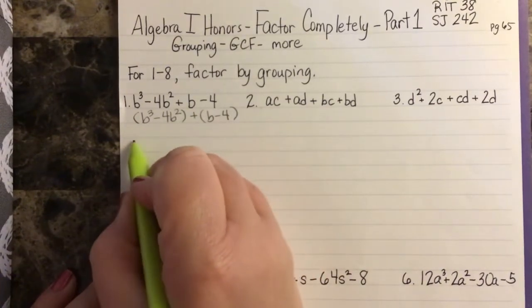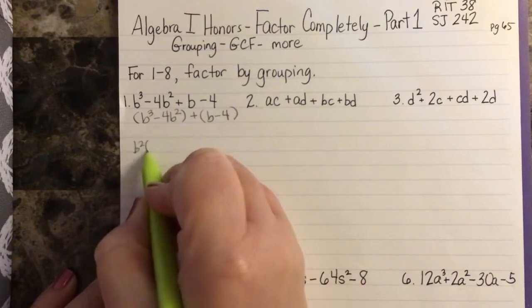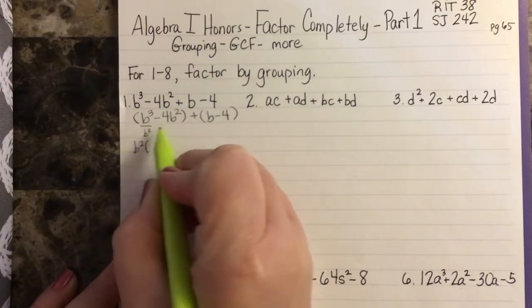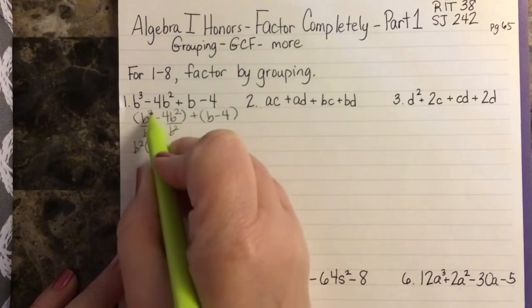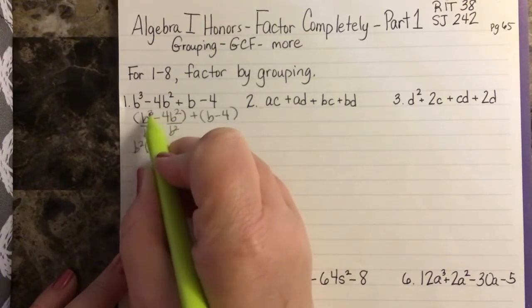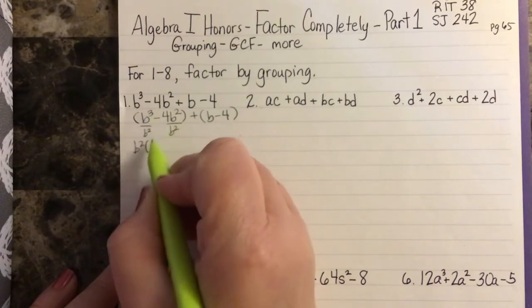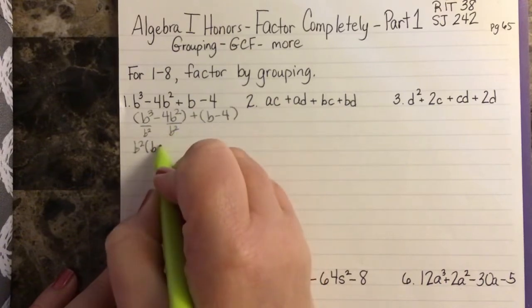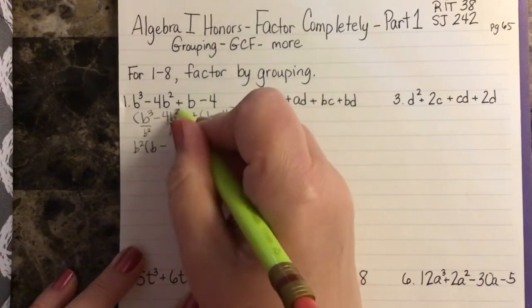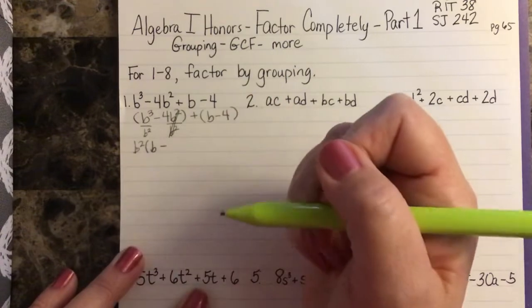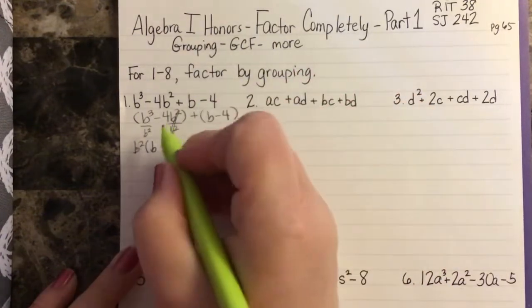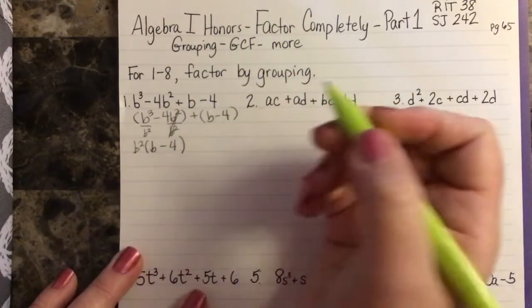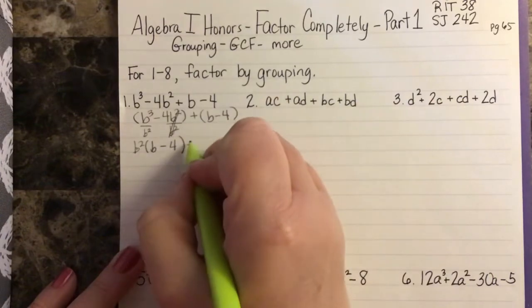It has b squared in common. Divide both of these by b squared. B cubed divided by b squared. Remember, subtract your exponents. 3 minus 2 is b to the first power. Minus b squared divided by b squared. 2 minus 2 is 0, so those go away. I'm left with minus 4. I'll bring down my plus sign.